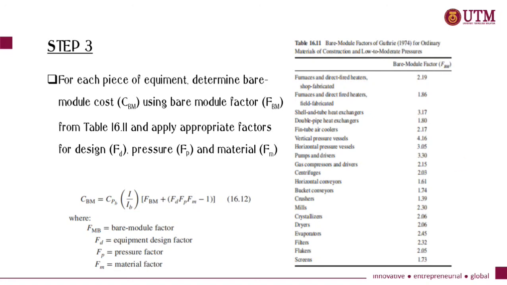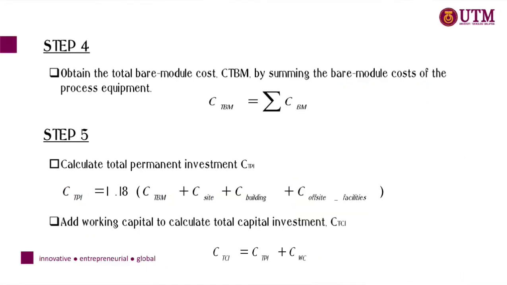Then we proceed with step 4, after we obtain the total bare module cost, the CTBM. We sum the bare module costs of the process equipment, and then we calculate the total permanent investment, CTPI, which is 1.18 multiplied by the sum of CTBM, C site, C building, and C offsite facilities.